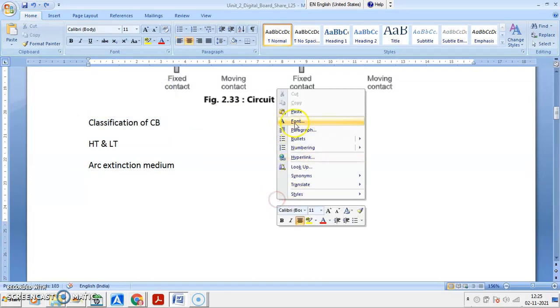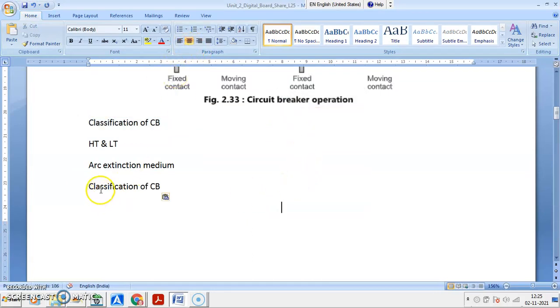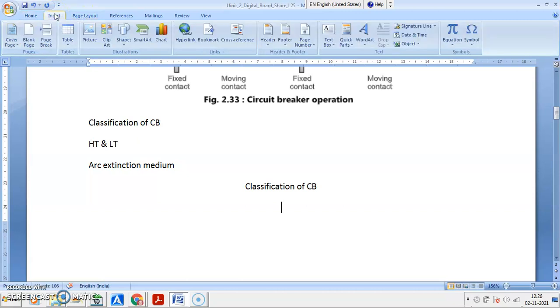You may have classification of circuit breaker based on the type of operation, whether HT or LT: high tension circuit breaker and low tension circuit breaker.